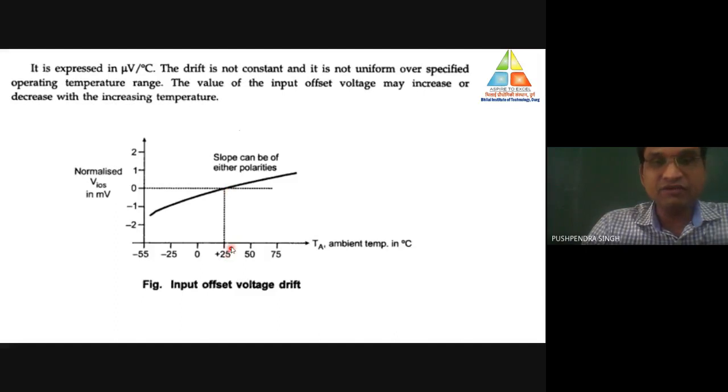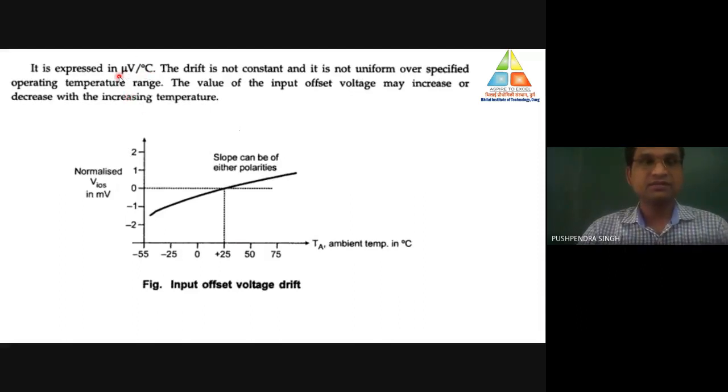But as the temperature increases, the input offset voltage also increases. As the temperature decreases, similarly there is a decrease in the input offset voltage. So this is the relationship between input offset voltage and ambient temperature. It is generally denoted in microvolt per degree centigrade.